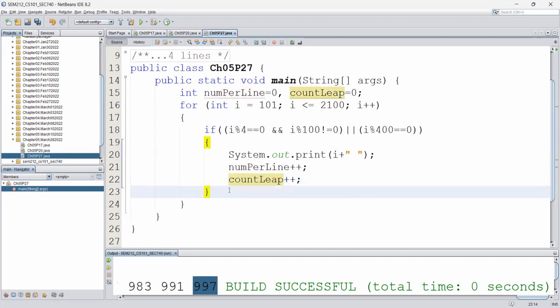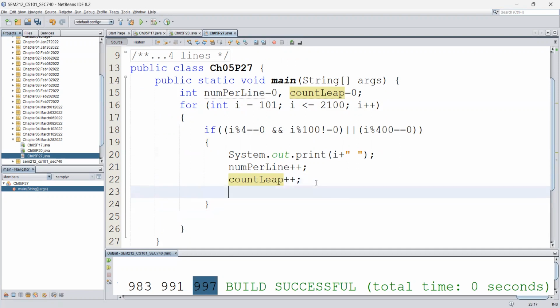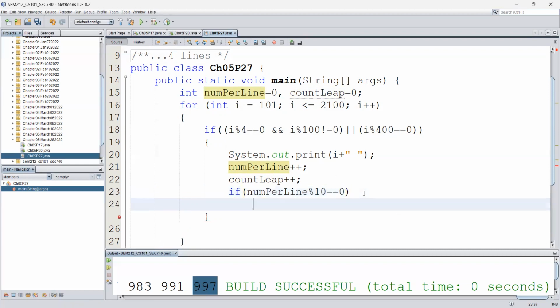Okay, but the question also says that only 10 in a line. So after the if, what should we do? Or even here, if num per line is divisible by 10, what should we do?